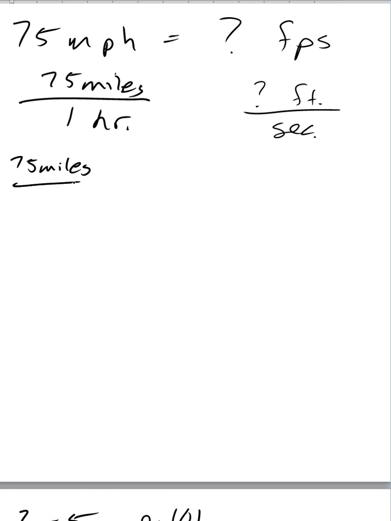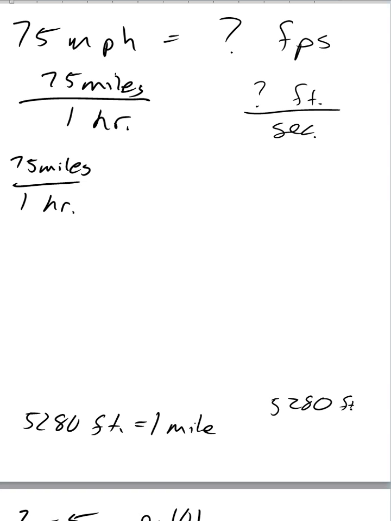I have 75 miles per 1 hour. First, let's convert miles to feet. I know there are 5,280 feet in 1 mile. 5,280 feet equals 1 mile. So if I set that up as a fraction, I could put 5,280 feet over 1 mile.